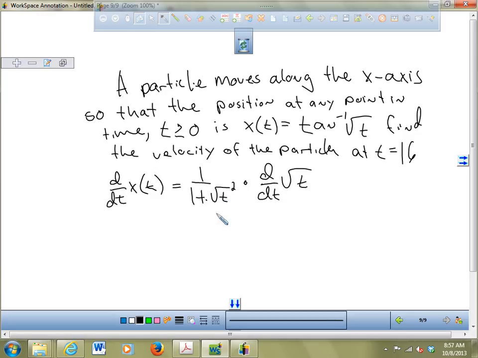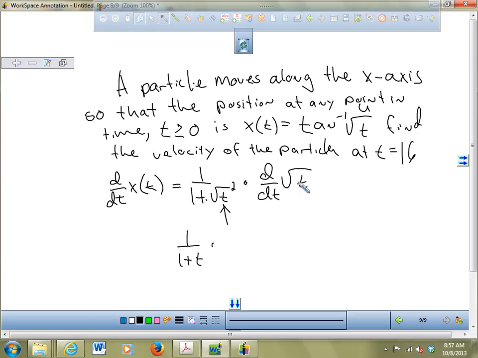You see where that came from? I'm plugging in the formula for the derivative of the inverse tangent, 1 over 1 plus x squared. But this is like u here, right? I'm plugging in this whole function for the x. So this becomes root of t squared, and then I have to take the derivative of the inside function. So what that looks like is 1 over 1 plus t.